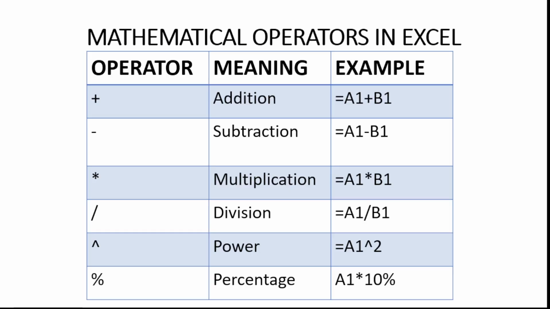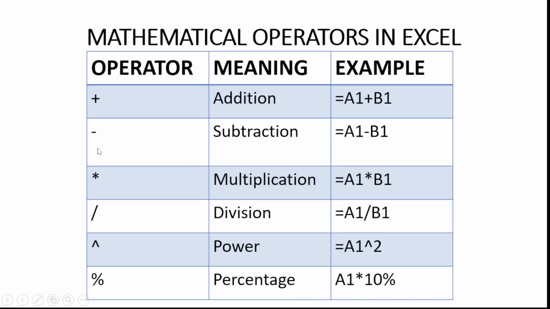Excel uses mathematical operators in order to perform calculations, and these are the key operators that are used in Excel. We have the plus, which will carry out addition. For example, you can add cell A1 plus B1, but remember to begin with an equal symbol.